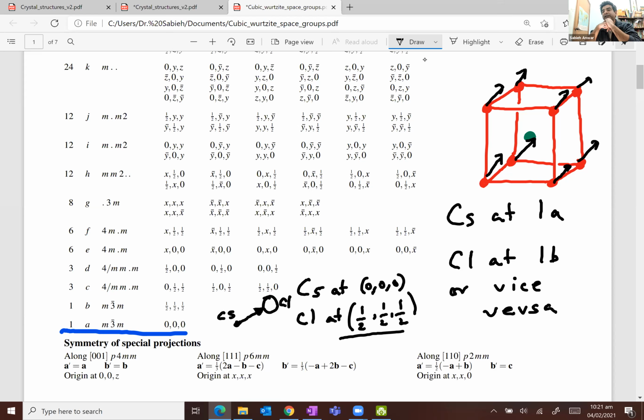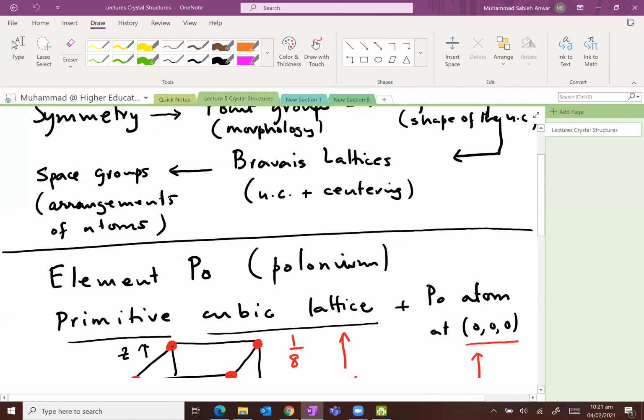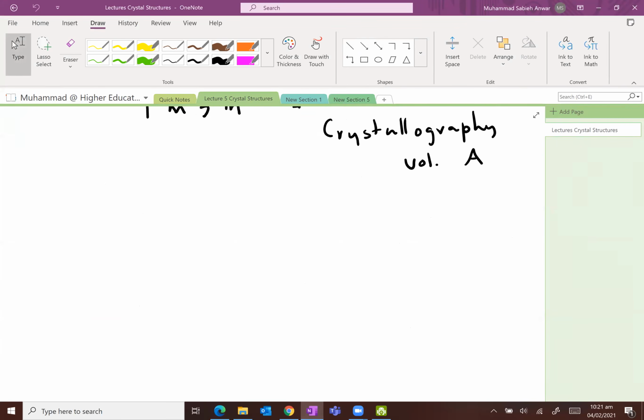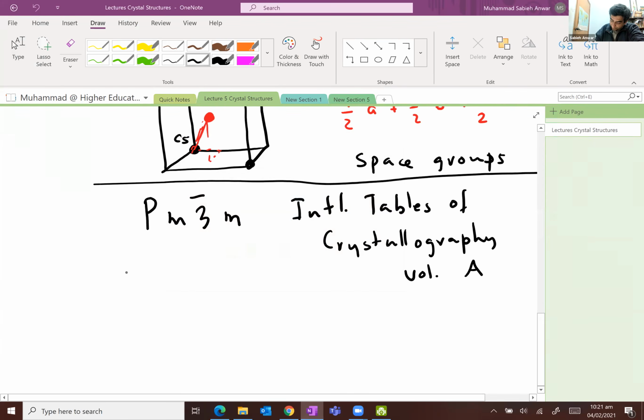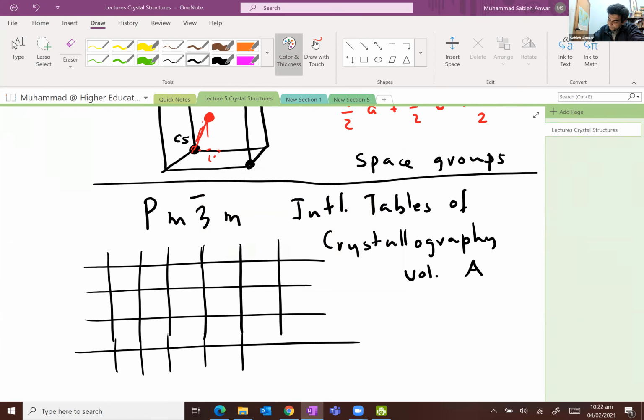Wrong idea. Lattice is a placeholder. Lattice is a grid, is a placeholder. So if I were to draw a grid, let me move back to OneNote for a minute. If I were to draw, say, a grid, and my atoms, my motif, is like this.